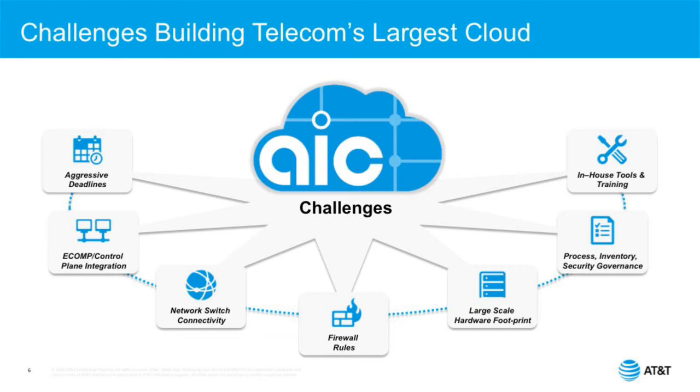We separated the data control plane and the local control planes, where our workloads go in, where our Nova and our computes run. So we have several local control planes being integrated to data control planes and then to ECOMP. So there is complexity involved with the integration of these zones.